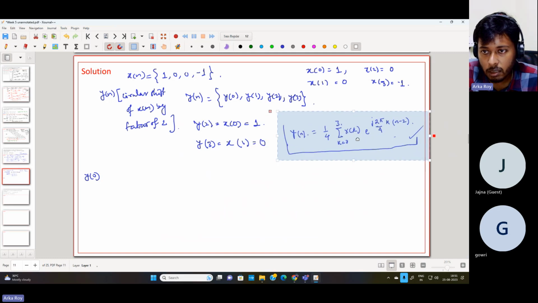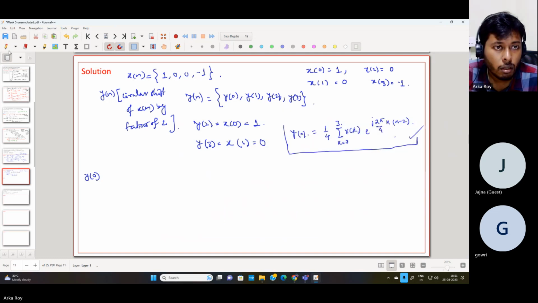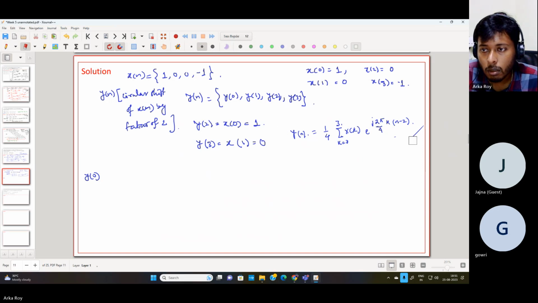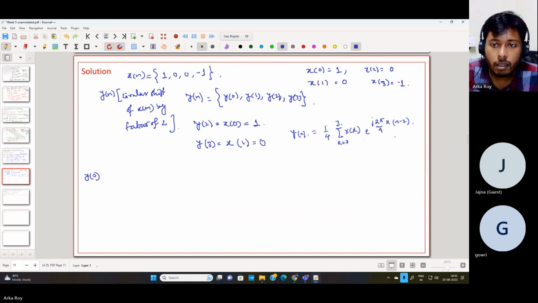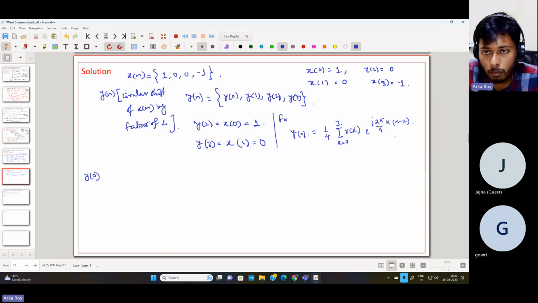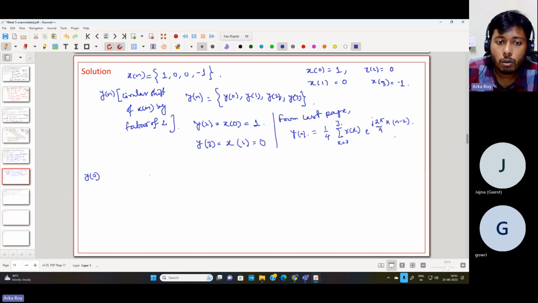I'm referring from the last page. So therefore now we need to calculate what is y0.